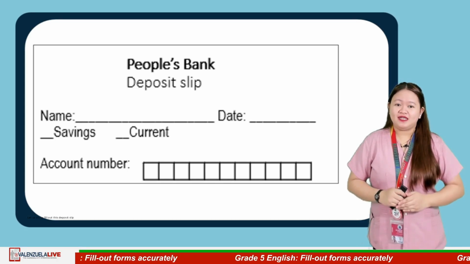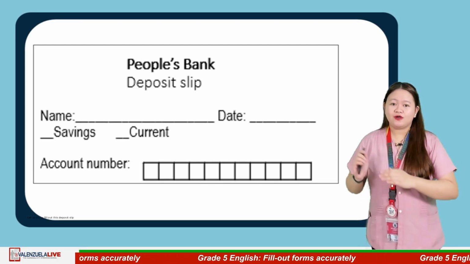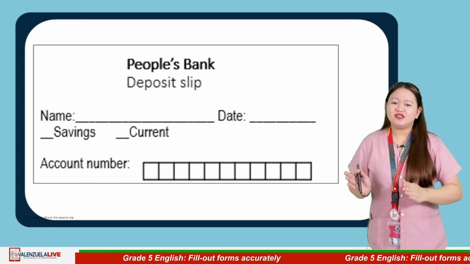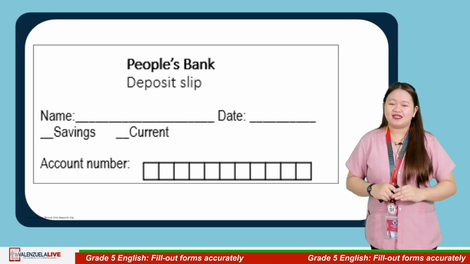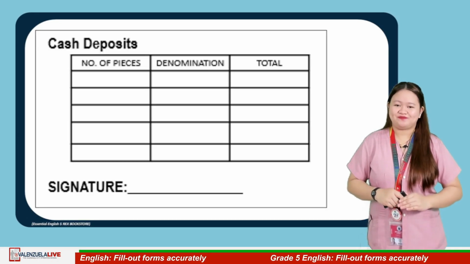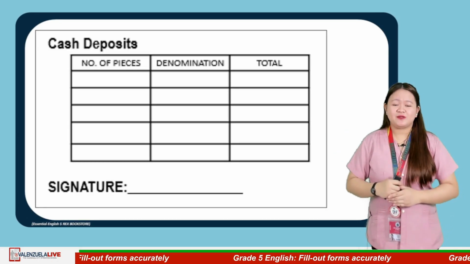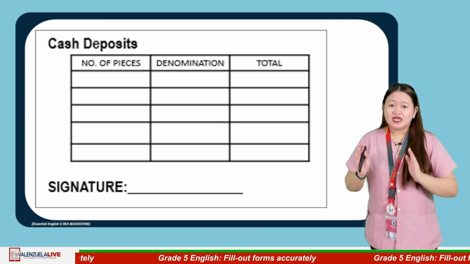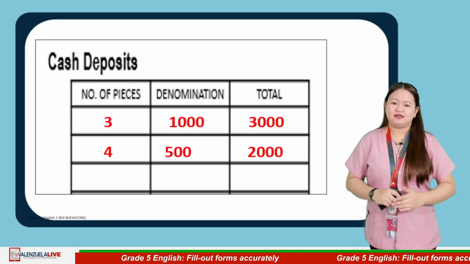You need to write your account name or your name and the date. Then, you need to check the savings and write your account number. On the next part, we need to write the denominations of the amount of money. It is the value of the money.